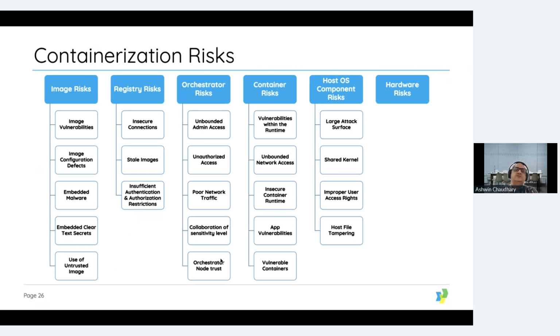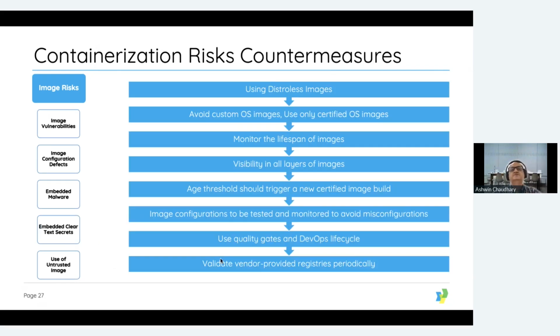Now let us look at some of the containerization risks. We have arranged those into these areas, such as image risks, registry risks, orchestration risks, container risk, host OS and component risks, and the hardware risks. Let us see them one by one.